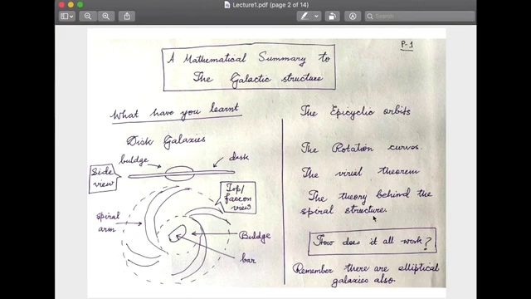So let us ask the question: how does it all work? What is the mathematical procedure that one follows to address the problem of structure and dynamics of a galaxy in general? That's the first question that we are going to address in half of the lecture today.